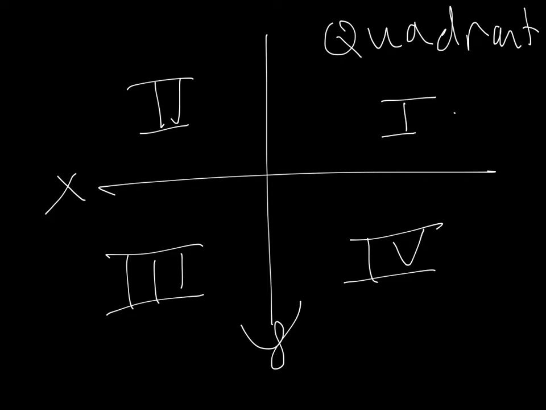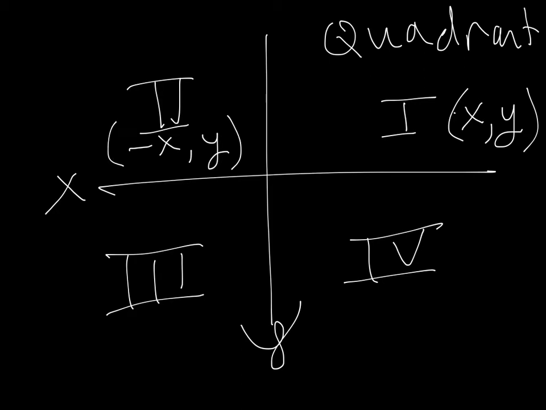So in quadrant 1, for our coordinate point, x is positive and y is positive, always. For quadrant 2, x is negative, y is positive, because y is always going to be positive when you're above the x-axis. If you're below the x-axis, y is negative.